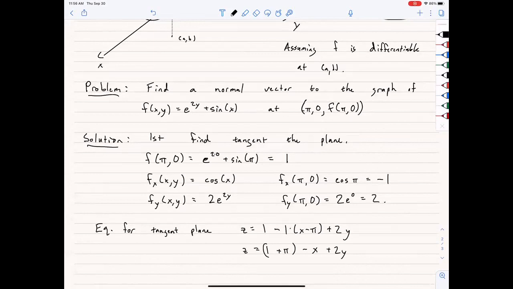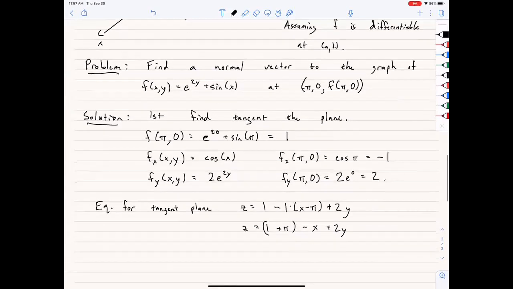Okay, good. So what do I do now? What do I need? So I got the equation for a tangent plane. What do I do? Find the coefficients of the x, y, z, right? Find the coefficients of the x, y, z, and I'll get a normal vector, correct? Okay.